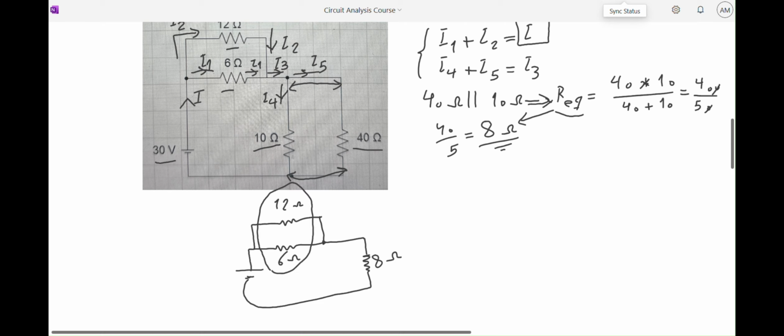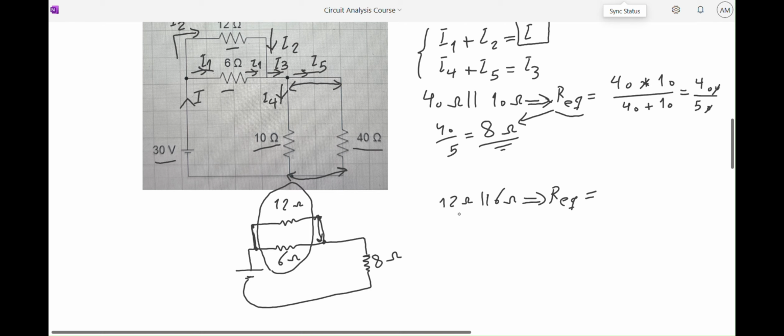Do you agree that the heads and the tails of these two resistors are connected to the same point? In other words, we call them same potential. These two resistors are same potential. So 12 ohm and 6 ohm are also in parallel. I'm going to show you a quick way to figure out the parallel of these two.